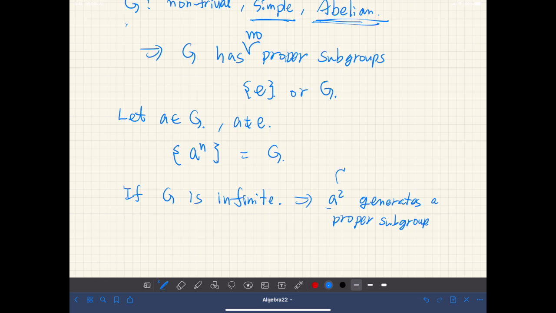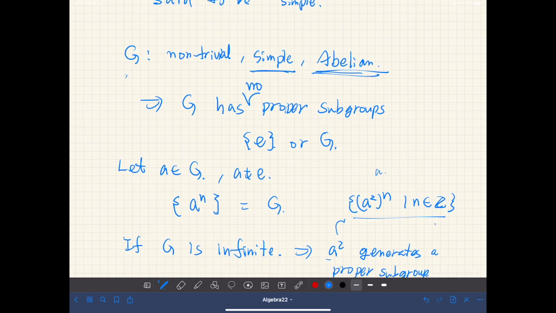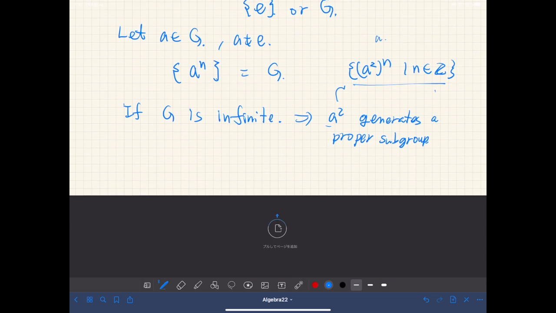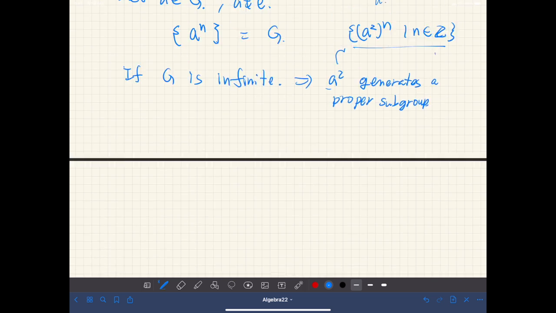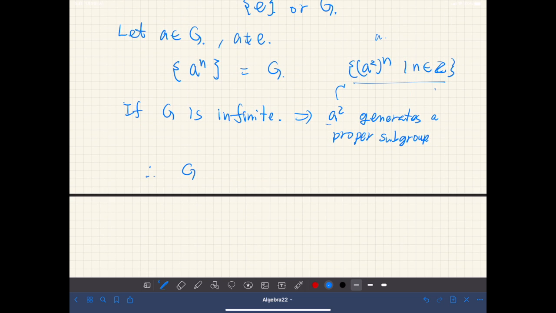We have a set like this, and this is a proper subgroup because it does not include a itself, but such a subgroup cannot exist according to our assumption that G is simple and abelian. That means G must be a finite group.